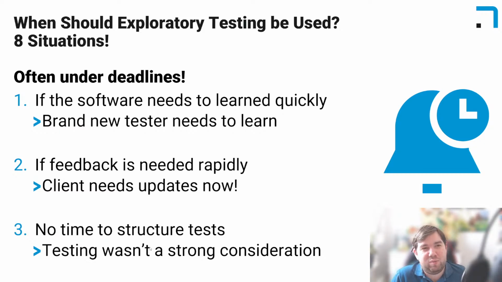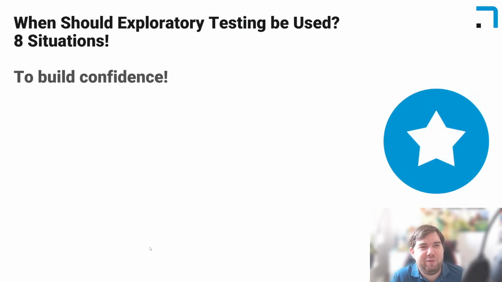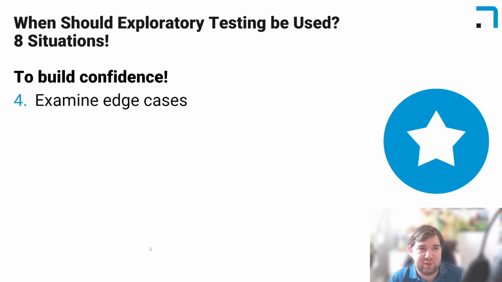So what else can we use exploratory testing for? Well, we can also use exploratory testing to help us build confidence with our system. Building confidence in this way can mean we're looking at edge cases that may not always be looked at under individual component tests. We're looking at some weird values from exploratory testing. What if we do things out of order, let's say?